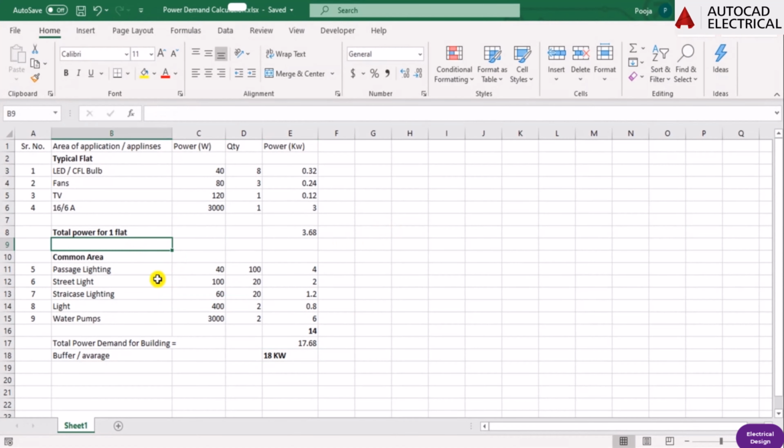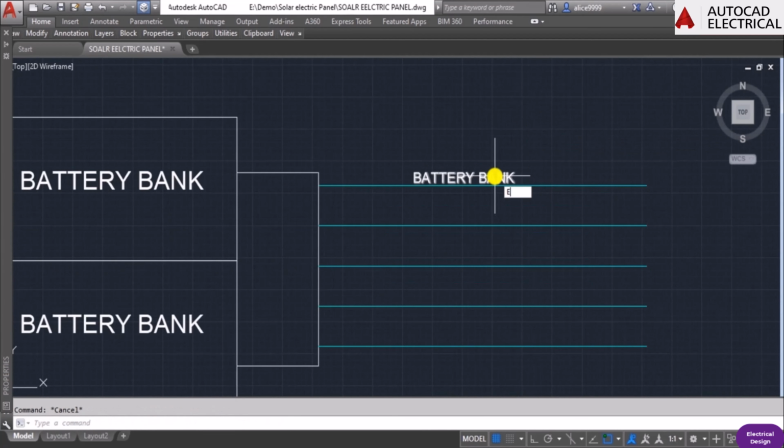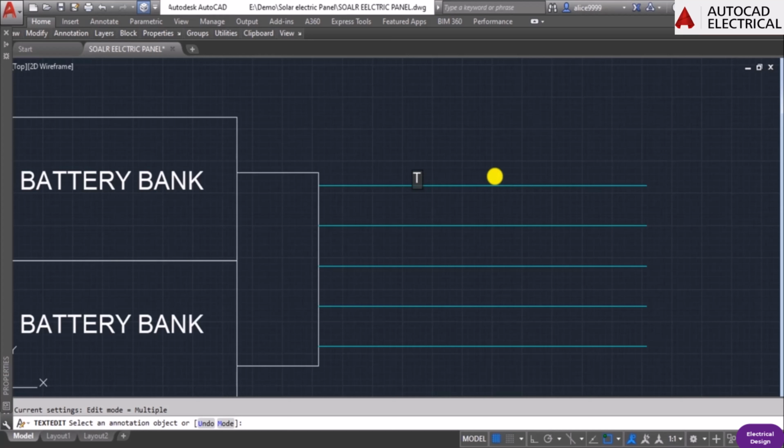Suppose the entire system is designed like this, with a typical flat and the common area. From the battery, the supply goes accordingly. For example, this is for the typical flat.